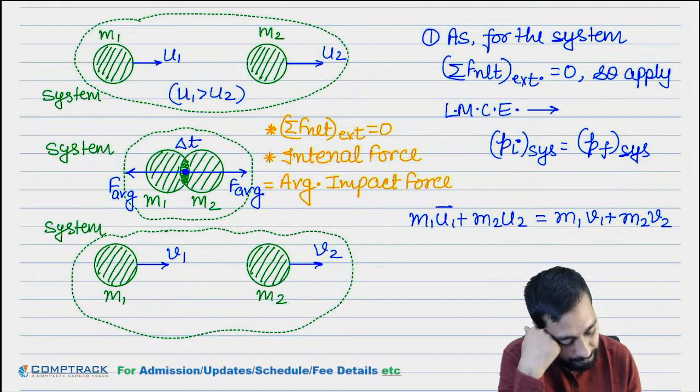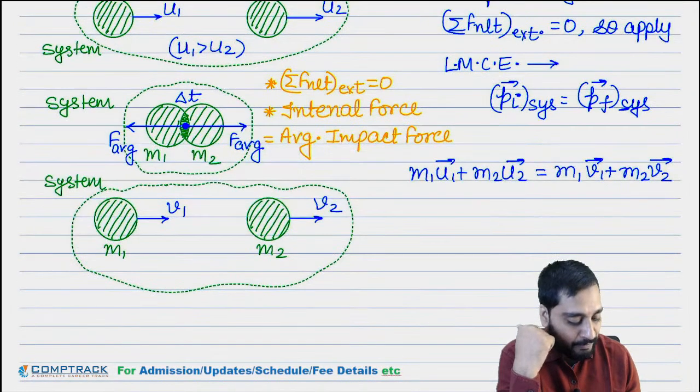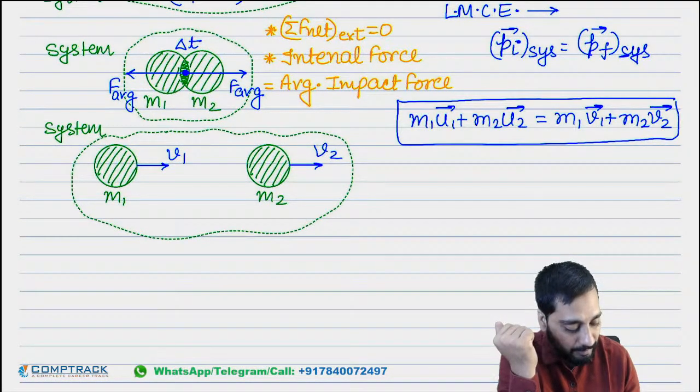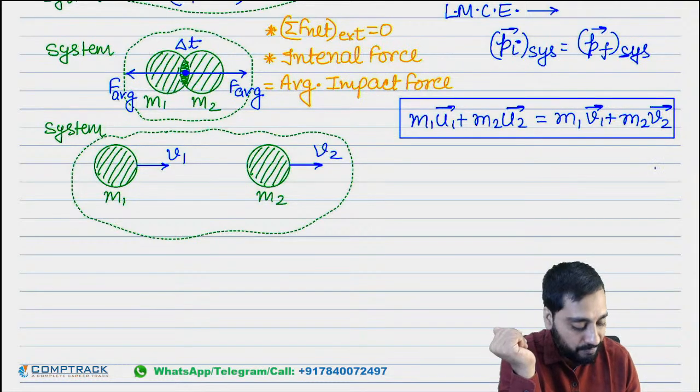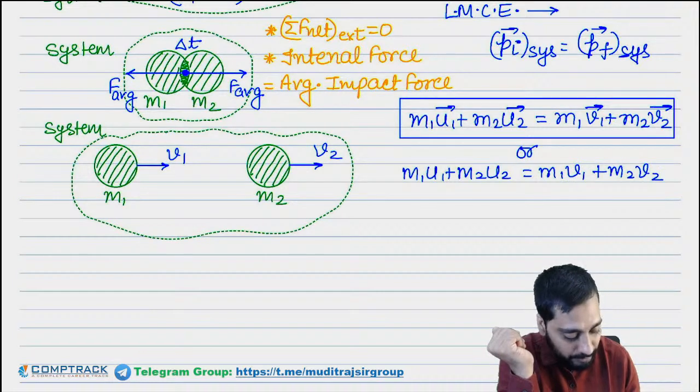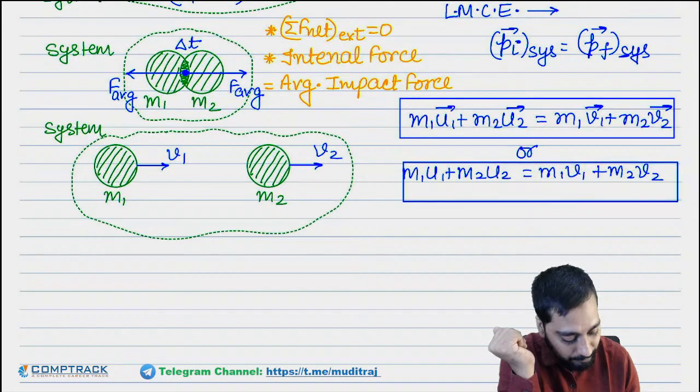Okay, so these are actually vectors. So here these velocities must be taken with sign. Either you write in vector form, or you write like this, m1u1 plus m2u2 equal to m1v1 plus m2v2, taking the velocities with sign.